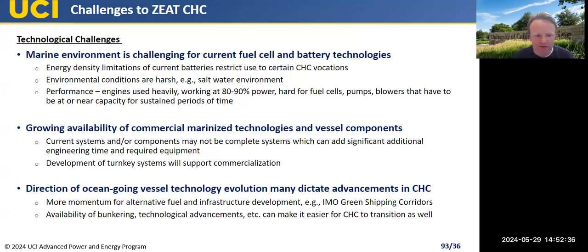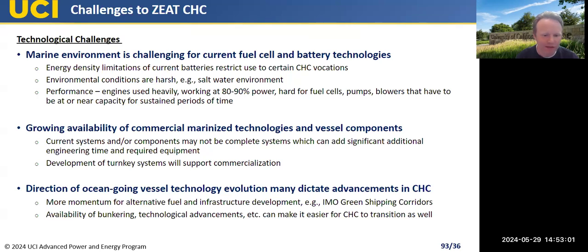There are technological challenges with both the vessels and infrastructure. Marine environments can be really challenging. The environmental conditions, saltwater environment can be tough. The engines in a lot of CHC vocations are used heavily, so that can be tough for fuel cells, for example, to be operated that hard and for that long. There are a lot of marinized technologies and vessel components that are coming into the market. We'll have actually some of that in the report.